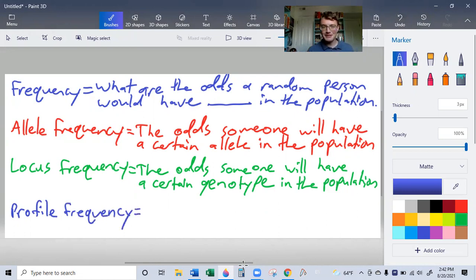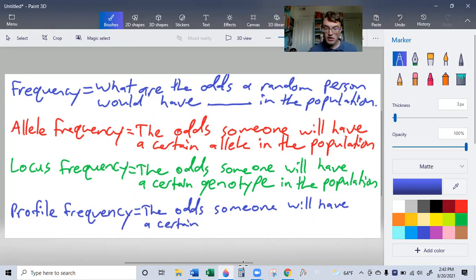A profile frequency is what are the odds that somebody will have a certain combination of alleles at multiple locations in their genome.